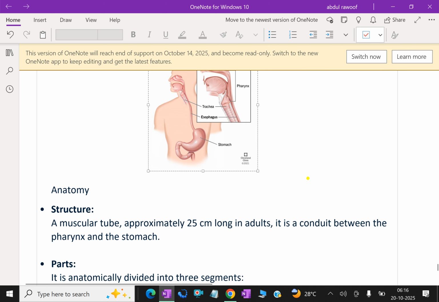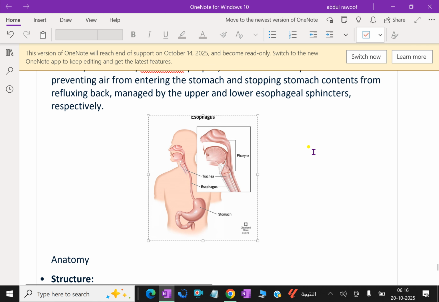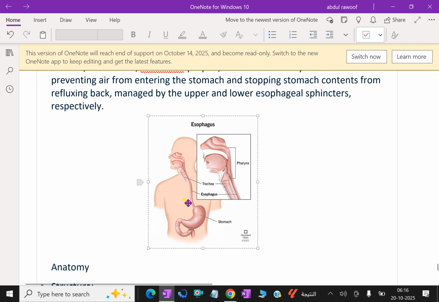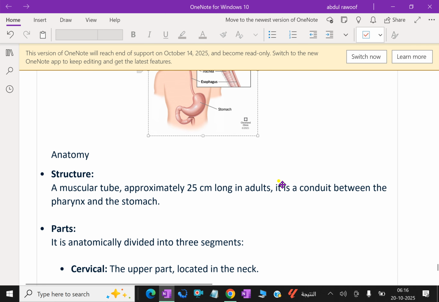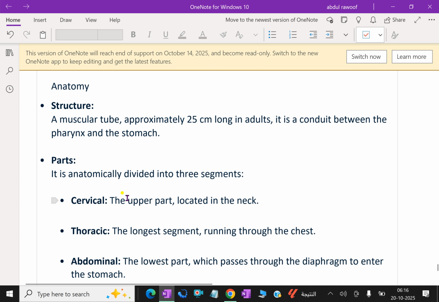We'll see the anatomy. Structure of the esophagus: a muscular tube approximately 25 centimeters long in adults. It is a conduit between the pharynx and the stomach. Parts: it is anatomically divided into three segments.